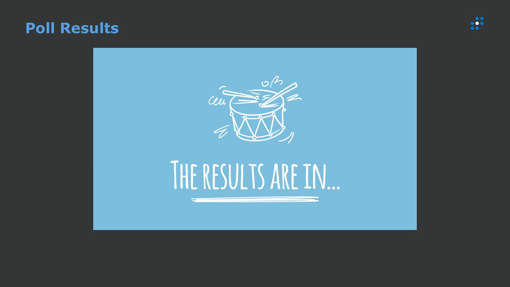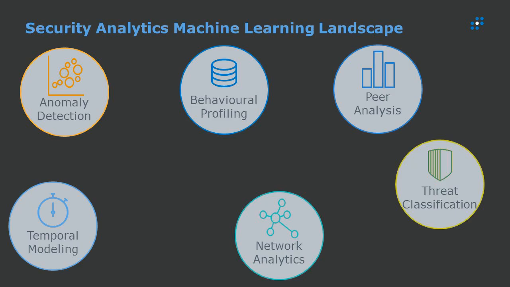Okay, so thanks for your input there, everybody. Let's move on and talk a bit about the broader security analytics machine learning landscape. There's a number of broad areas or approaches to machine learning, from anomaly detection and behavioral profiling through to things like peer analysis and network analytics and so on and so forth.